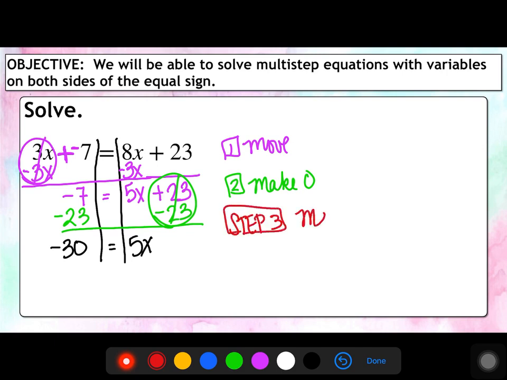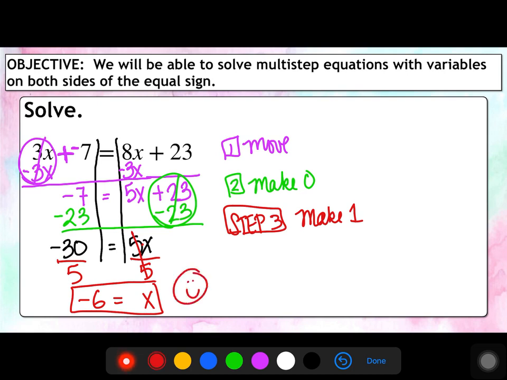And then the last step is we want to make 1 because I've got a 5 in the front. So we're going to do that by dividing both sides by 5. And I get x equals negative 6 because negative 30 divided by 5 is negative 6.